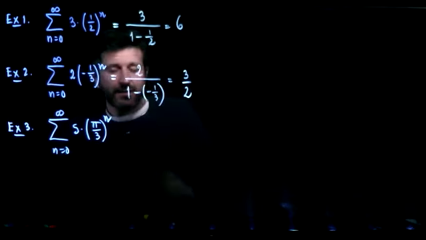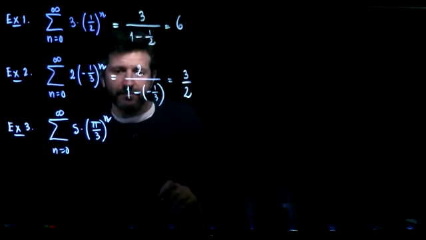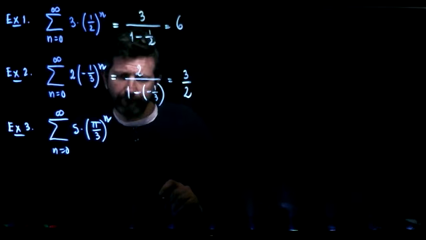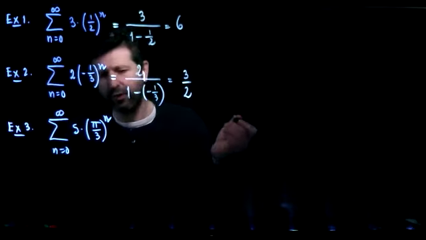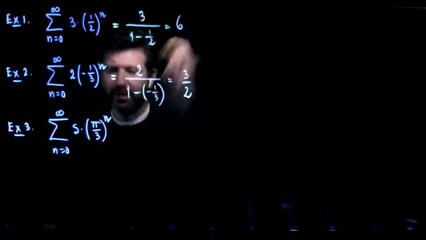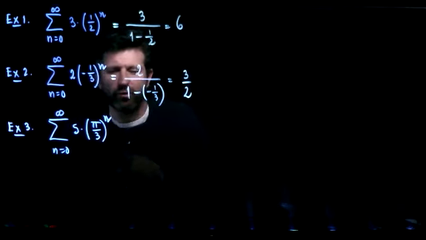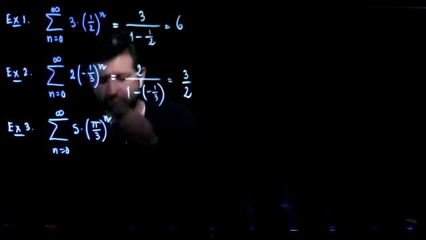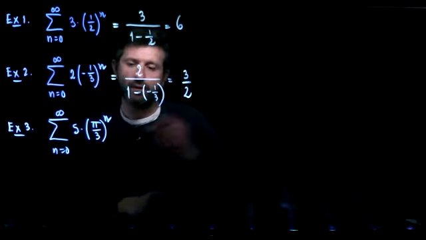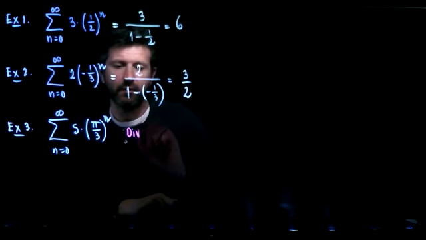This one here, what is it? Can you tell me? Anyone? It diverges. Very good. You might be tempted to do 5 over 1 minus pi over 3, but that doesn't work because pi over 3 is bigger than 1, so it diverges.